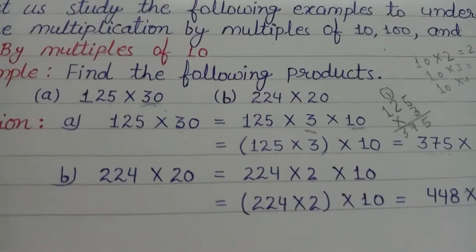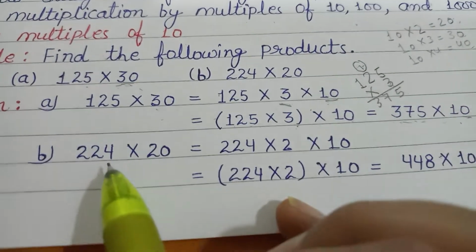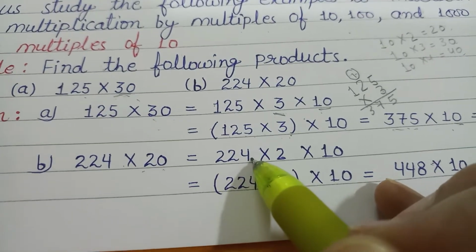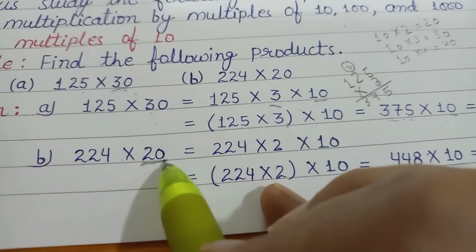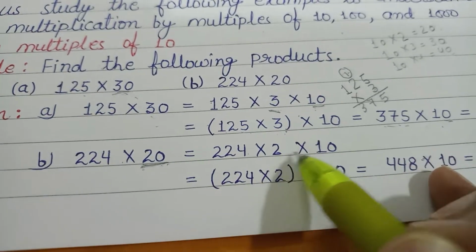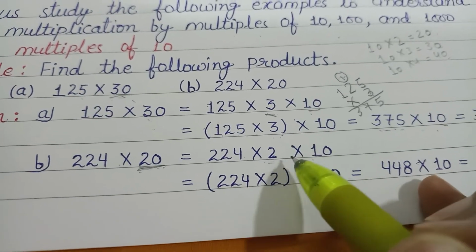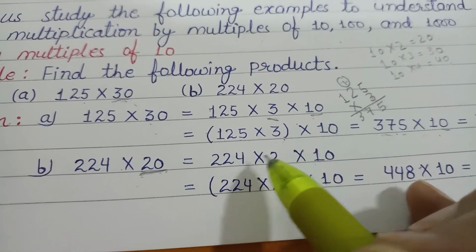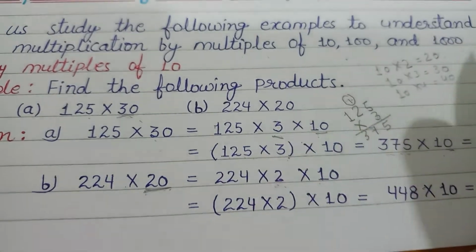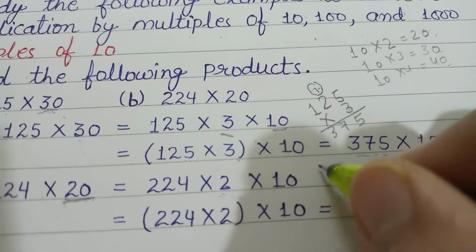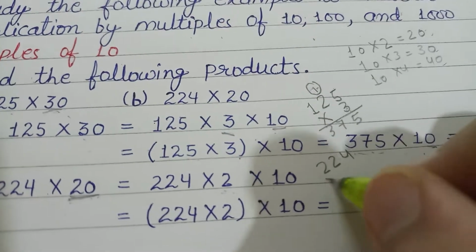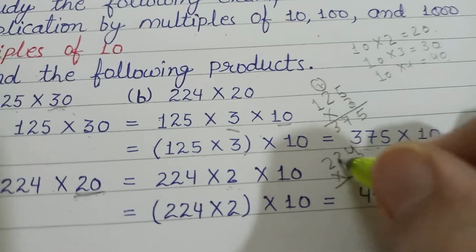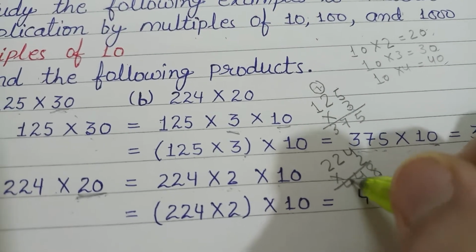Let's take one more example. 224 multiplied by 20. So we will break this 20 into 2 multiplied by 10. 2 multiplied by 10 is 20. Now we will multiply 224 by 2. 2 4s are 8. 2 2s are 4. 2 2s are 4.